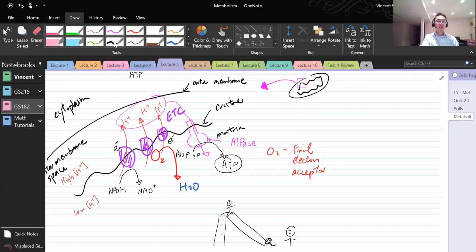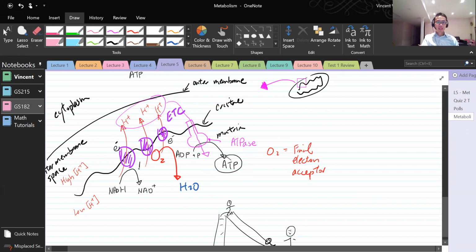Whereas FADH2, because it has less chemical energy, will be depositing the electron at a lower point. So when the electron is deposited at the second protein, it will only pump enough H plus to make up to 2 ATP. Because the starting point is lower on the ETC, FADH2 yields less ATP.